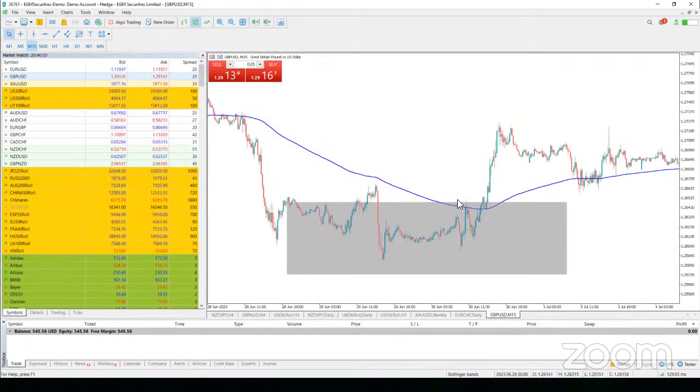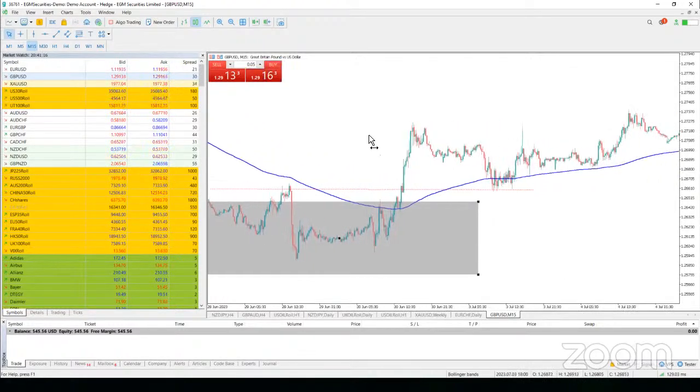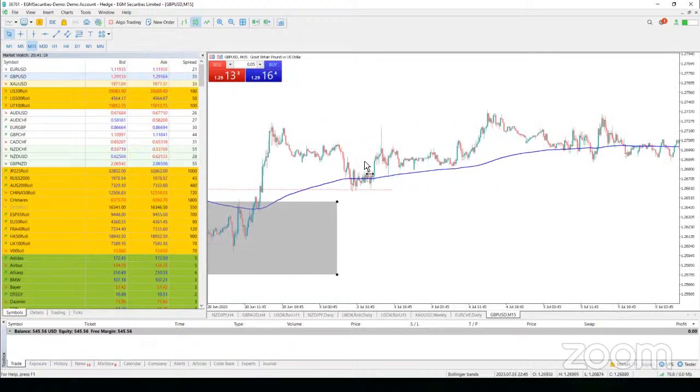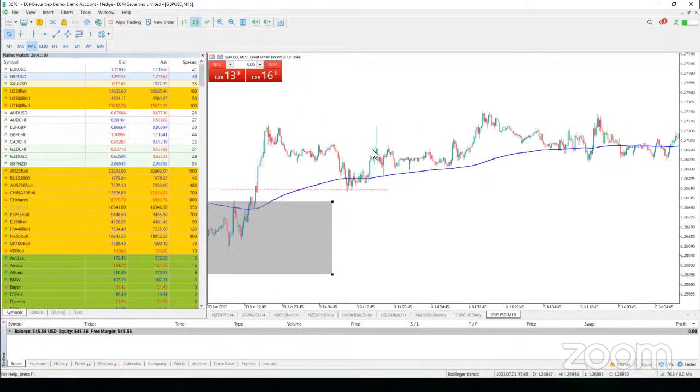If you look at this area, of course, you're going to apply other concepts in trading. And you can see we had a range. And once the price settled above that range, there was a retest, an upward move. This one could have been the point of entry at this area here.